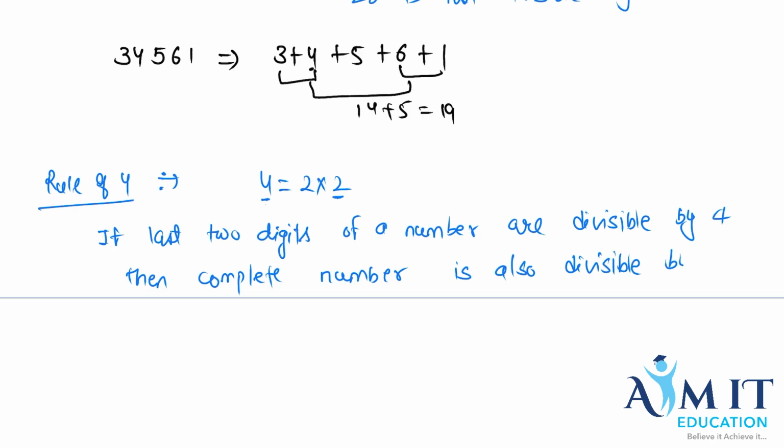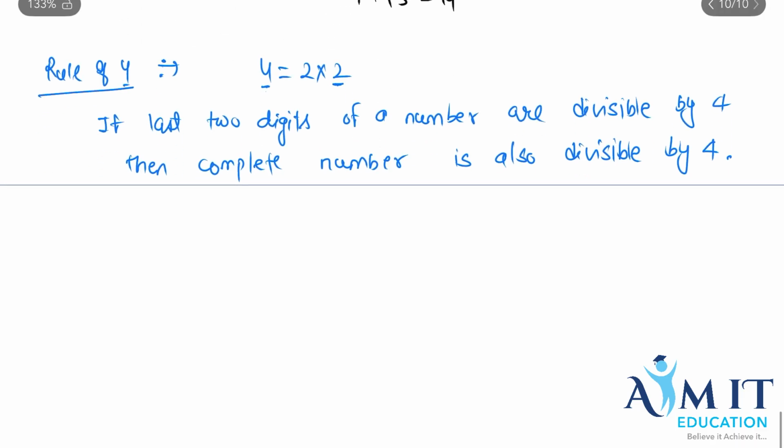Okay, this is just a simple rule. For 2, we are checking only the ones place, and for 4, we are checking the last two places, means ones and tens.